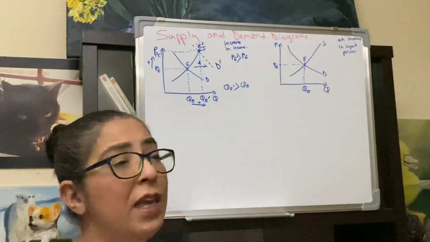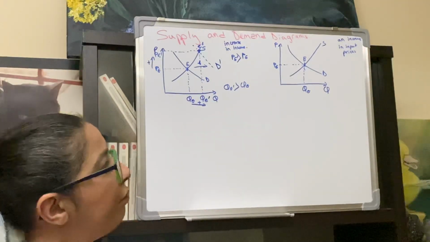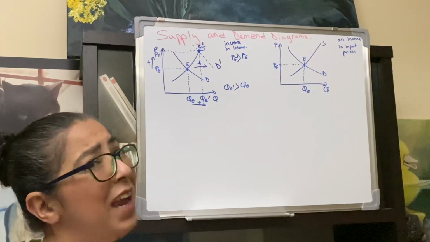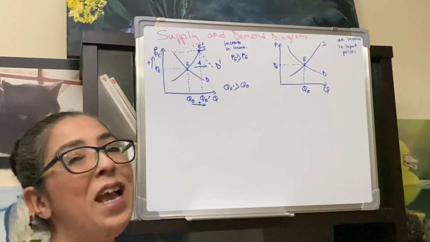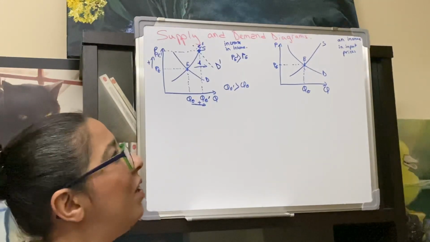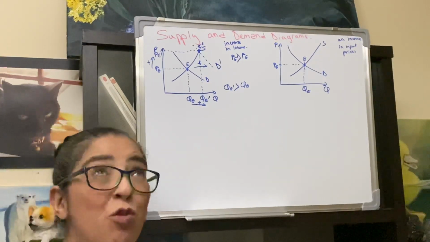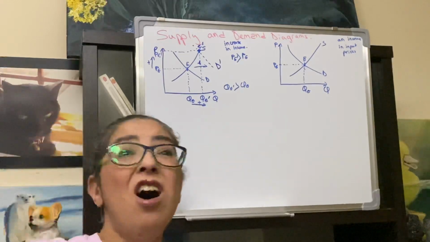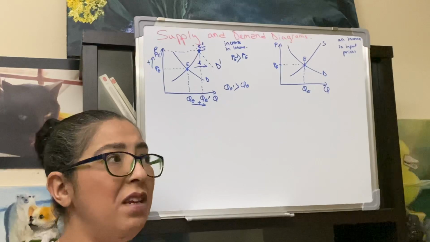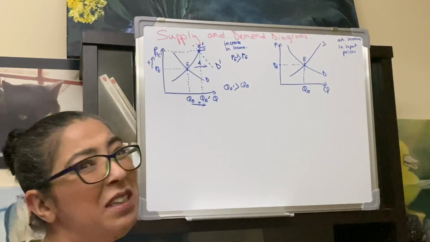First decision to make, will it affect the demand or the supply? Input prices will probably affect the supply because it's the supplier buying inputs. The buyer doesn't produce anything. Okay, so it's going to affect the supply. So I increase my costs. If my costs increase at the same price, I'm going to supply less.